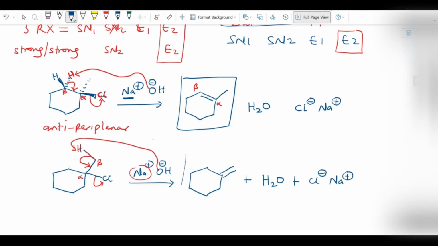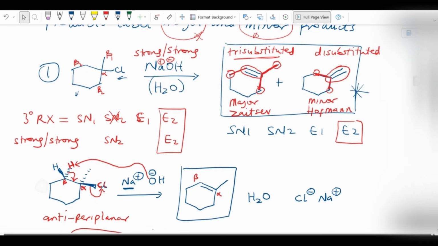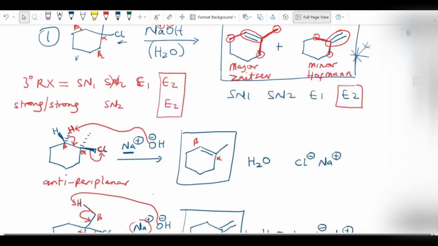Now, if you're drawing the mechanism of the reaction, you must show all of the products as well as the byproducts too. This is only possible when you draw the mechanism. But if you're predicting just products in the box, you can just put the main products and you can exclude those intermediates or byproducts. All right, let's go to the next question.